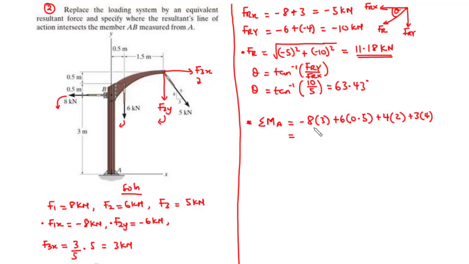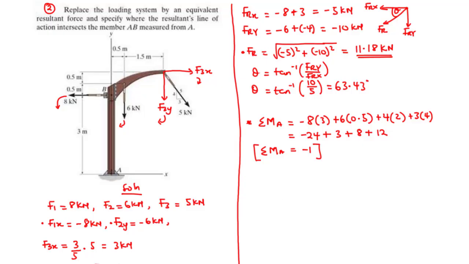So negative 8 times 3 is negative 24, plus 6 times half is 3, 4 times 2 is 8, 3 times 4 is 12. So 8 plus 12 is 20, plus 3 is 23, plus negative 24 is negative 1. So that is the summation of MA.